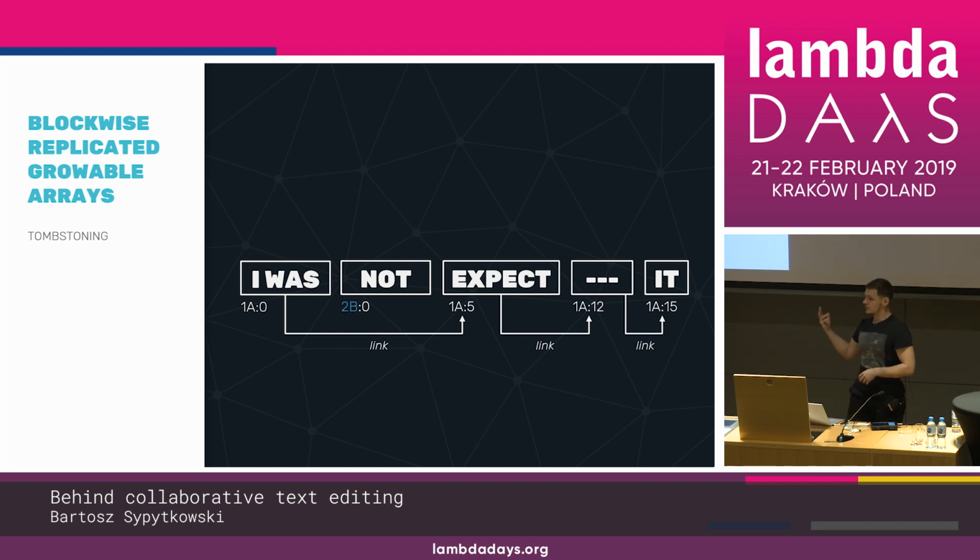A side note that is not described in the paper is that if you want to delete a part of the text that is longer than the actual length of the block you are interested in, you need to commit it as a series of delete operations, one per each block. It must fit into the blocks.